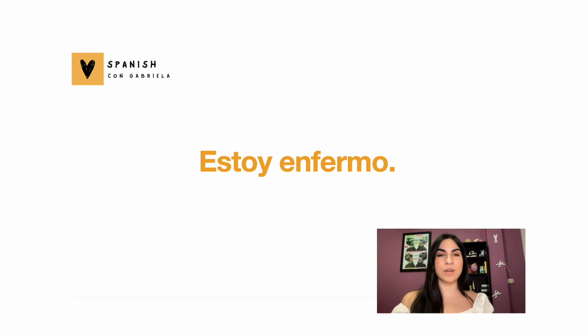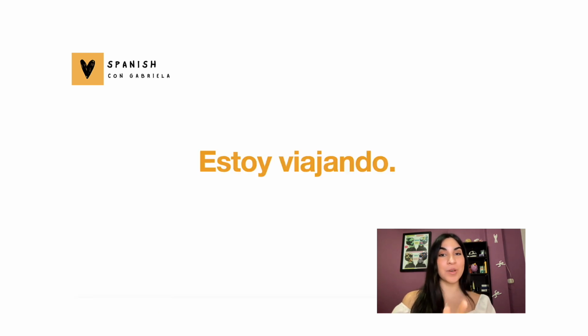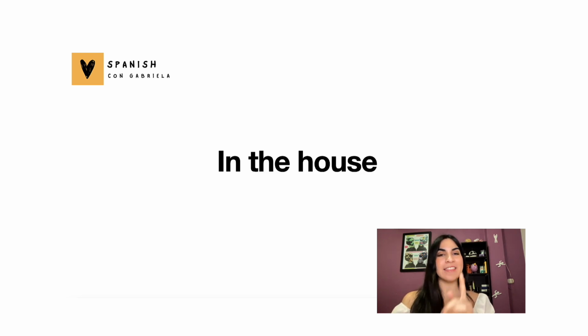Okay, now what if we use the verb traveling? How do we say traveling in Spanish? Viajando. So how do we say I am traveling? Good. Estoy viajando. Now, let's try with in the house.